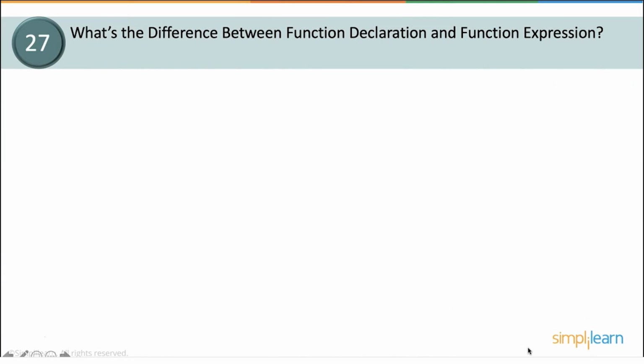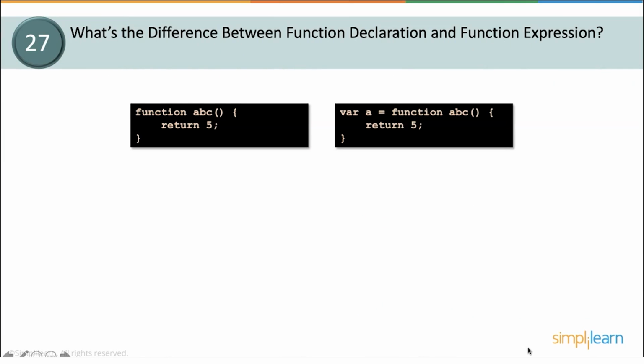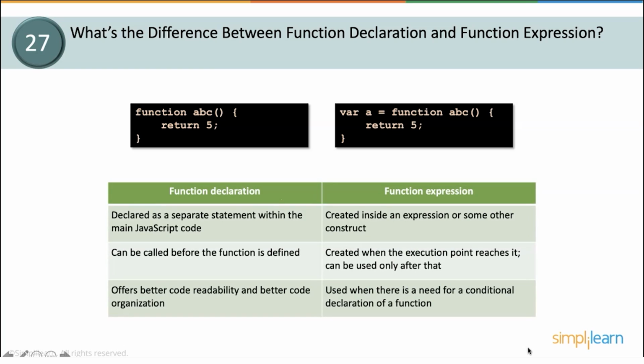Now, what is the difference between function declaration and function expression? See, this is called function declaration, and then there is function expression. A function declaration is a separate statement within the main JavaScript code, and it can be called before the function is defined.